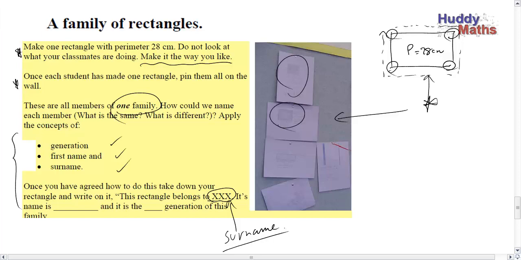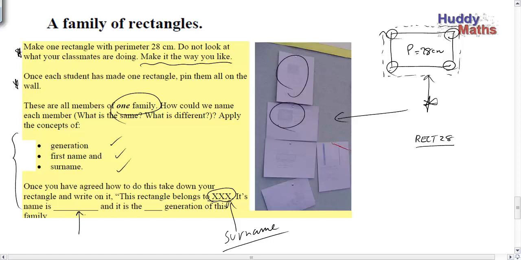Well, it's a rectangle, but it's a rectangle with perimeter 28 centimetres. So what is that? Rect 28 or something? Belonging to that family? That surname, that's what they all have, which is the same. Please notice that probably rectangle is not good enough, is it? Because too many rectangles in that is a big family. The rectangle 28 maybe, or P28 family, something like that.